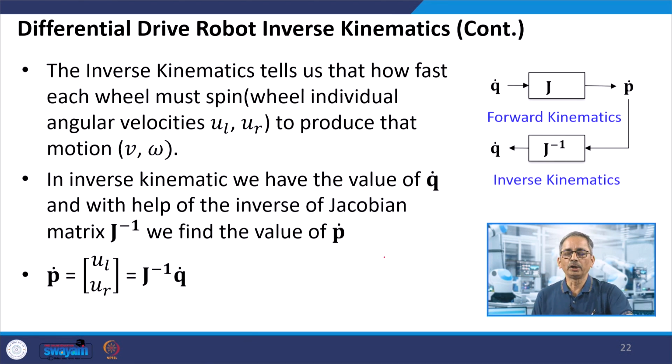In the forward kinematics, we were given wheel velocities and we calculated the robot velocities, and in the inverse kinematics I am given the robot velocities and my job is to calculate the wheel velocities. So, I can get P by taking the inverse of the Jacobian and then multiplying by Q dot. This is how I can get that.